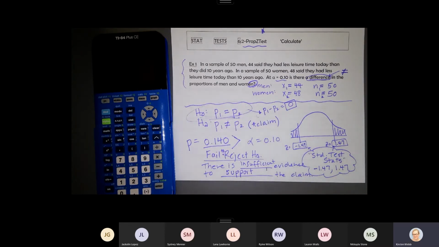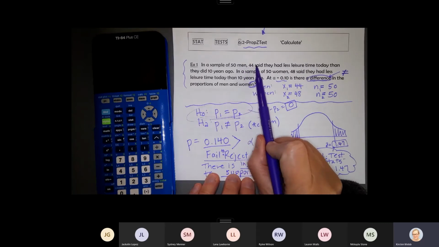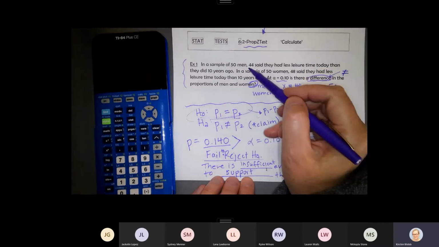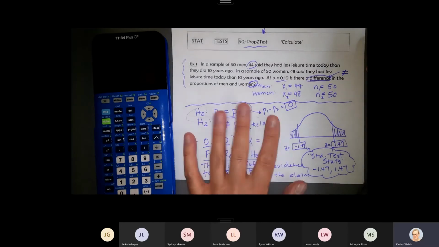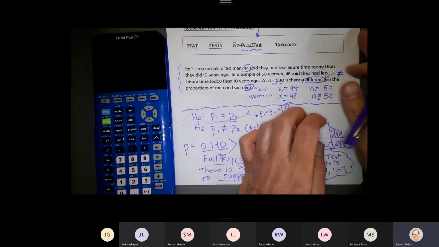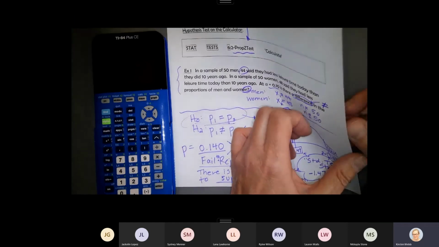This next one is just slightly different because the information's given to us in a little different way. Instead of giving us the raw numbers like 40 out of 50, we have a percentage instead. If you see anything you'd like to double check on the front page before we try another one, let me know.